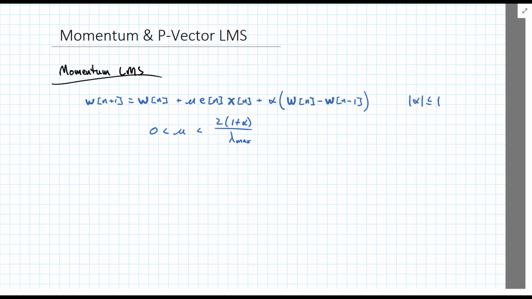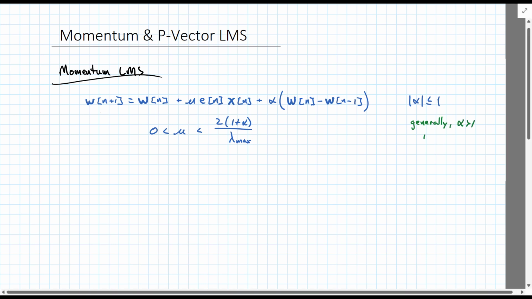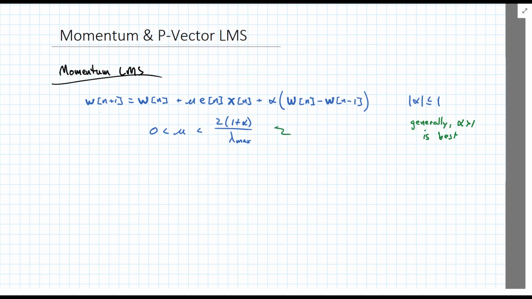So we generally want alpha to be greater than 0. It will converge in the mean under these circumstances. However, the misadjustment error is going to be a little bit larger.